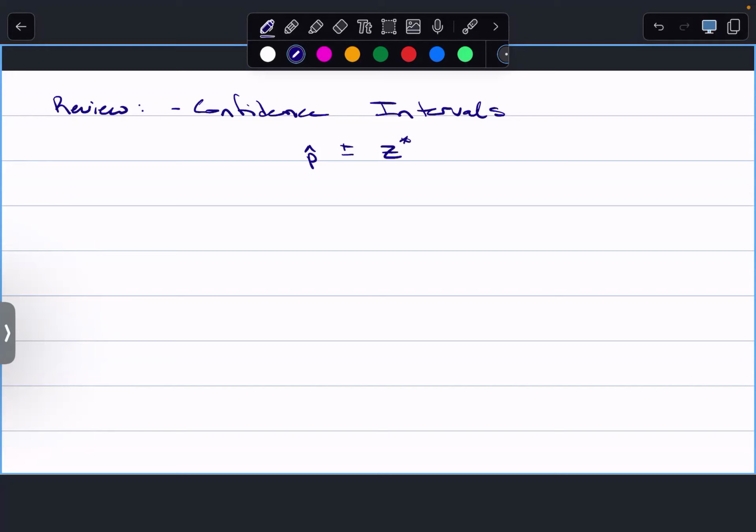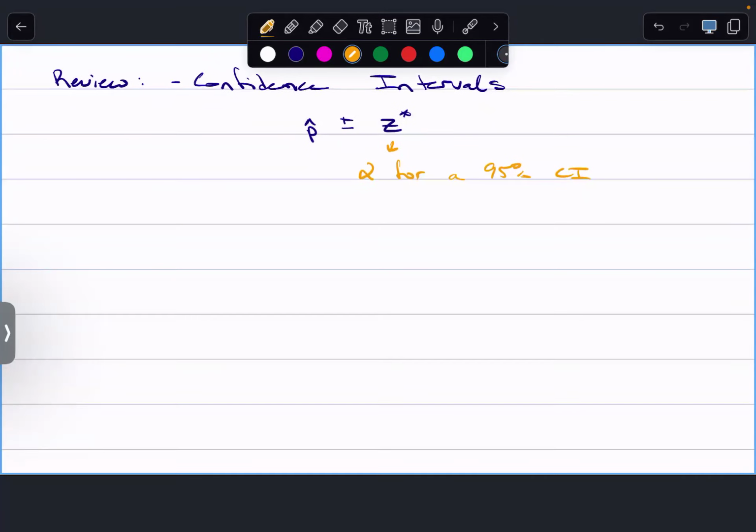We talked about how to find Z star, but in general, we're going to use 2 for a 95% confidence interval. And if you want to get more precise or a different confidence level, you'd have to use Excel, right? Traditionally, we have tables and things, and I just want to try to shake that as much as we can because we have software now.